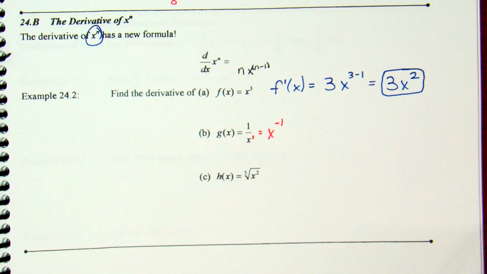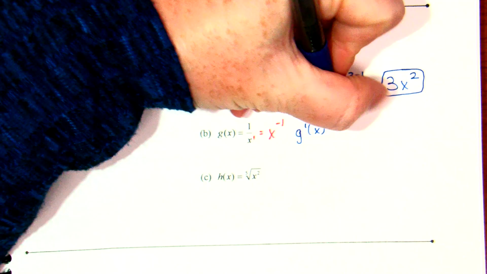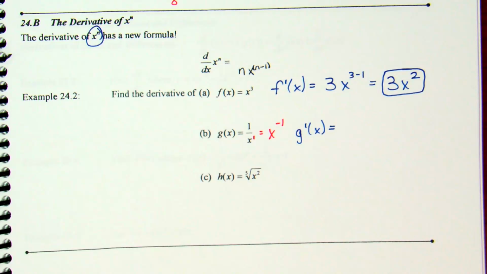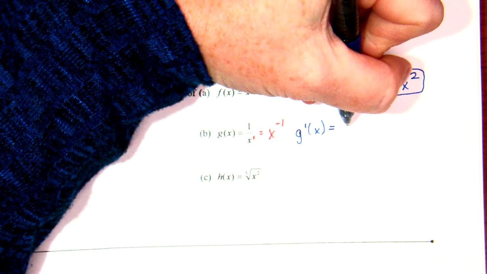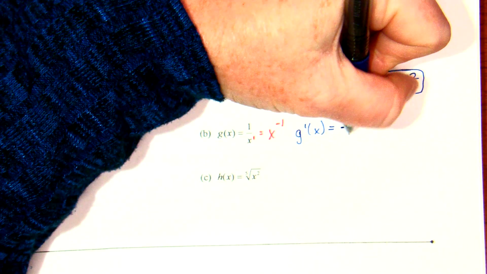So, can you do the derivative of x to the negative 1? If my original function is x to the negative 1, what happens with my derivative? It becomes what? Negative 1 x.